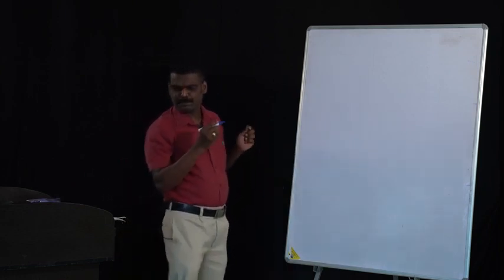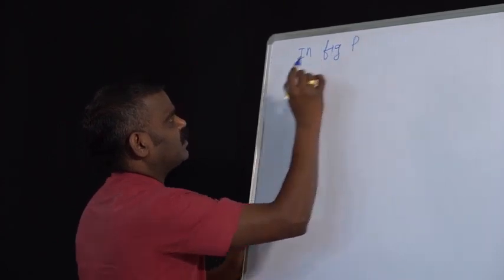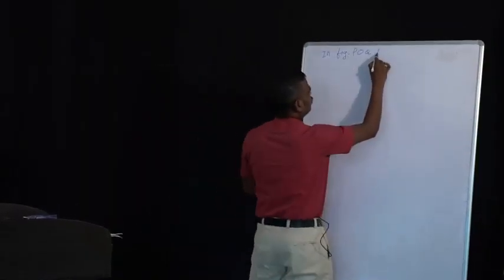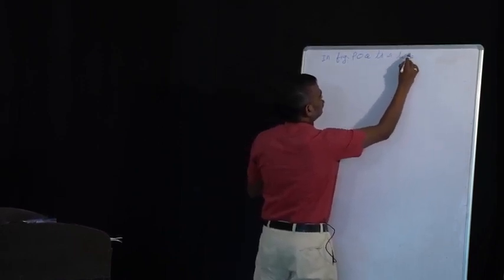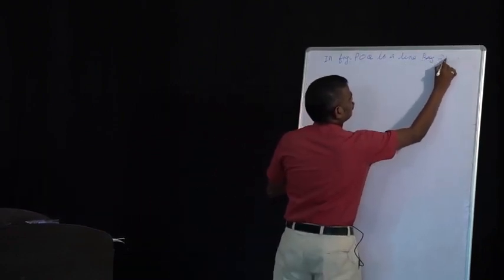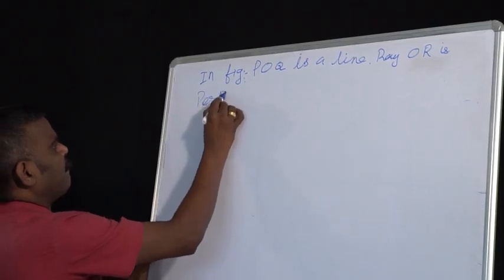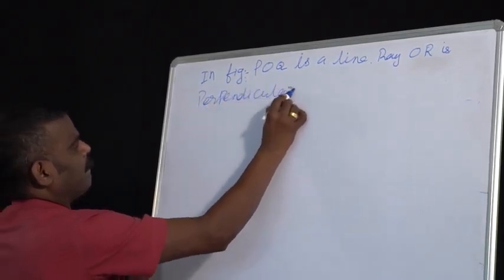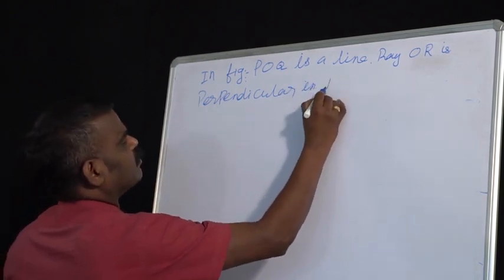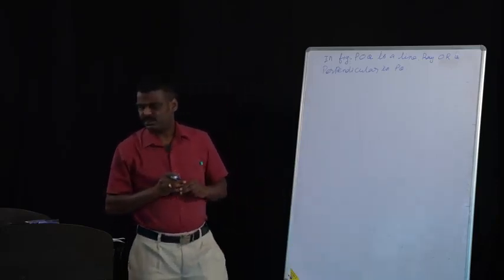Question number 5 tells: in the figure, POQ is a line. Ray OR is perpendicular to line PQ.